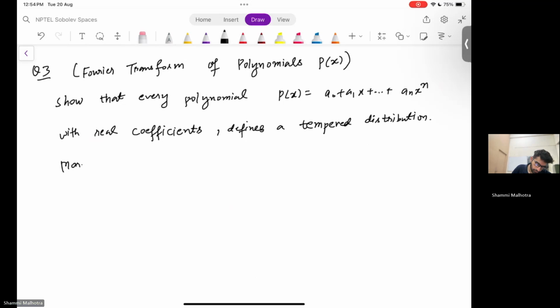Moreover, find the Fourier transformation of p(x).